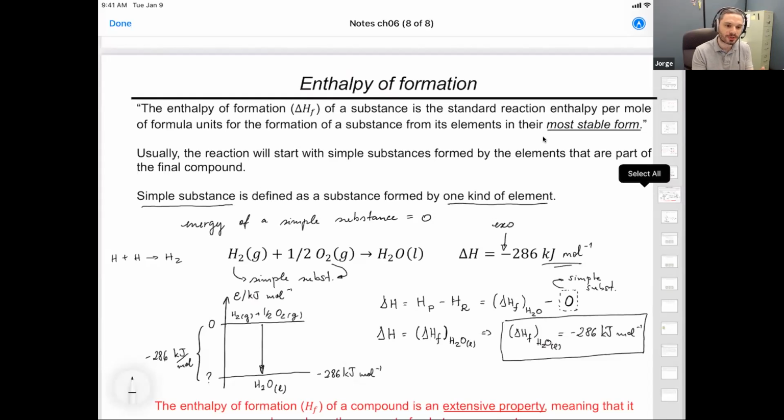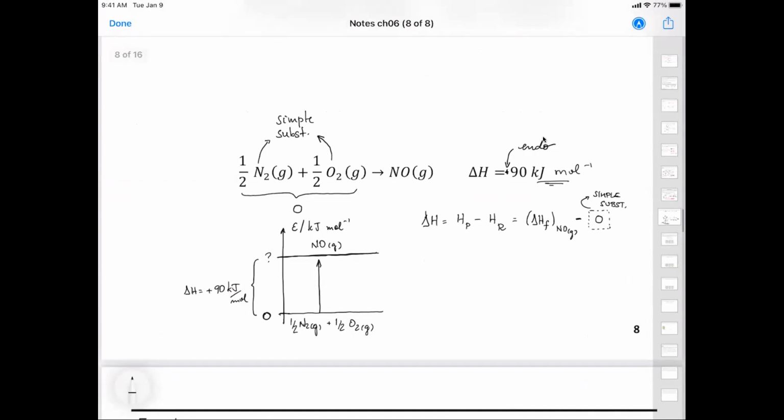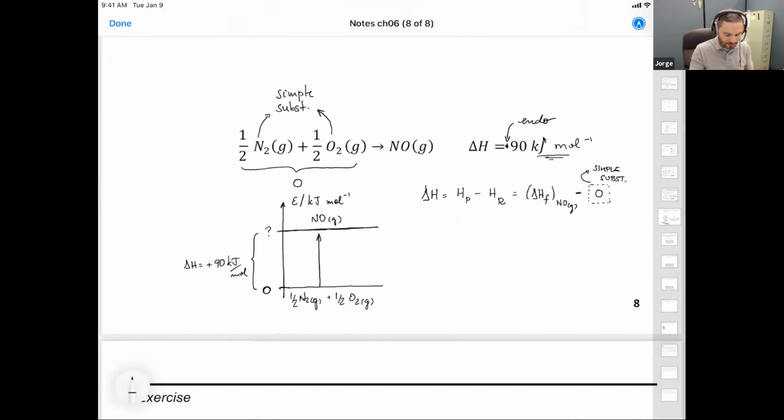Because no bonds were broken, the definition is that the energy of the simple substance is going to be 0. Okay, yeah, thank you. Yes, no problem. The reagents provide the level to which the energy of the product is going to be compared, and that's why the definition is 0, because it's just more convenient.